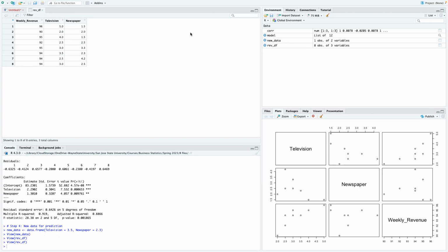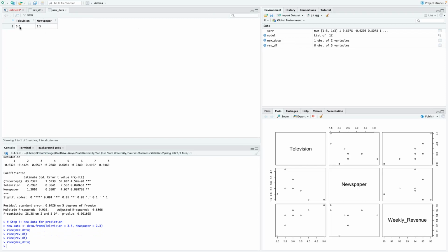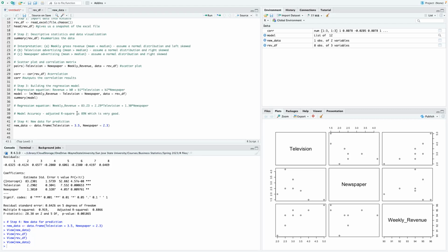Now we just created a new data frame with only 1 row because we're trying to predict what's going to be the weekly gross revenue if we spend $3,500 on television advertising and $2,300 on newspaper advertising, right? So we're going to input this new information into our regression model, which is this, right?